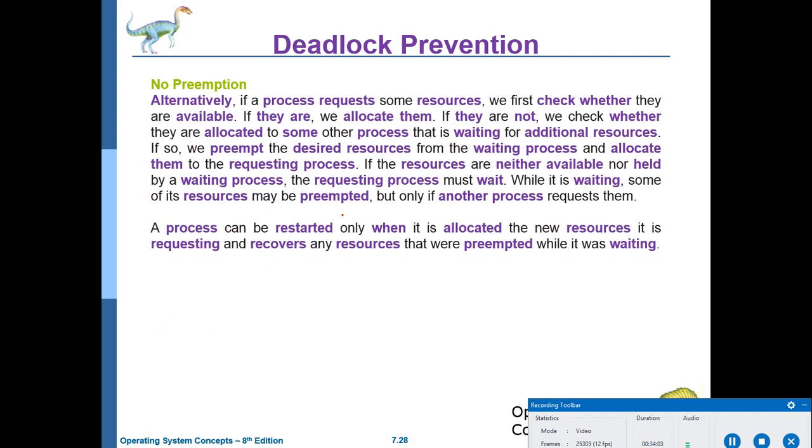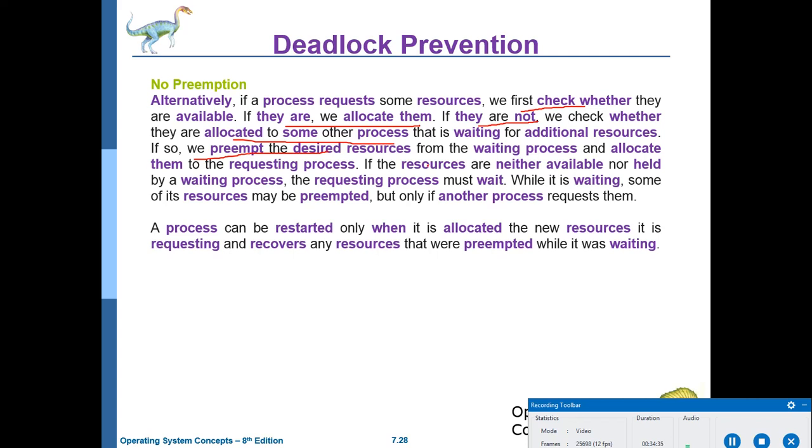Alternatively, with no preemption: if a process requests some resources, we first check whether they are available. If the resources are available, we allocate them to the process. But if they are not available, we check whether they are allocated to some other process that is waiting for additional resources. If so, we preempt the desired resources from the waiting process and allocate them to the requesting process.